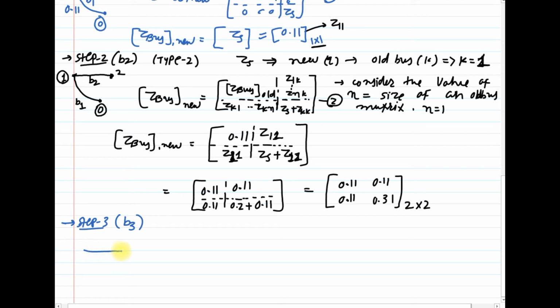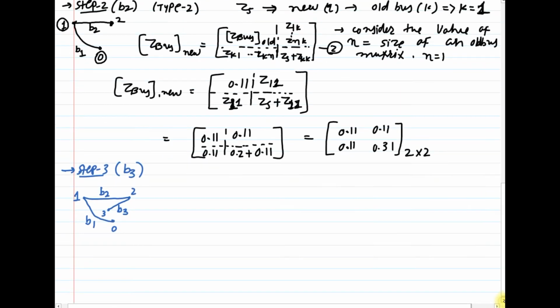This network is previously available with us with 0, 1 and 2 with the elements B1 and B2. Now the next element, number B3, is connected between bus number 2 and 3, which is added into this already existing network.